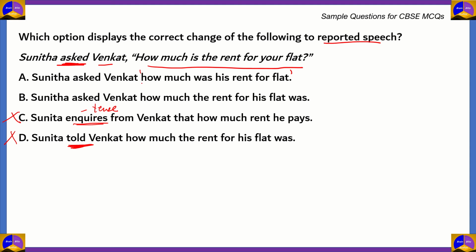How much was his rent for the flat is still a direct question. So therefore, option A isn't entirely reported speech. So the most appropriate option here would be option B. Sunita asked Venkat how much the rent for his flat was.